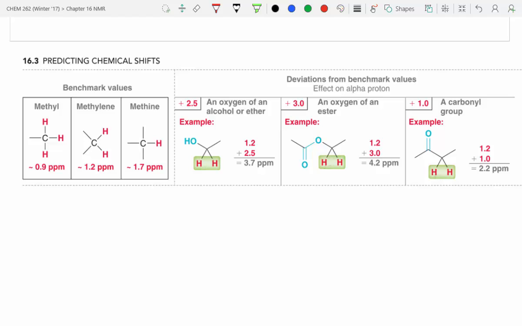So the question was, if you're not an alpha proton, meaning you're not directly attached to these functional groups, but you're one further away, that inductive effect drops off really, really rapidly. So you can tack on 1/5 of these add-on values. However, normally that's pretty minuscule, especially with a carbonyl group. 1/5 of that is what, 0.2? Yeah, so it's not super useful. The benchmark values in and of themselves are really useful though.